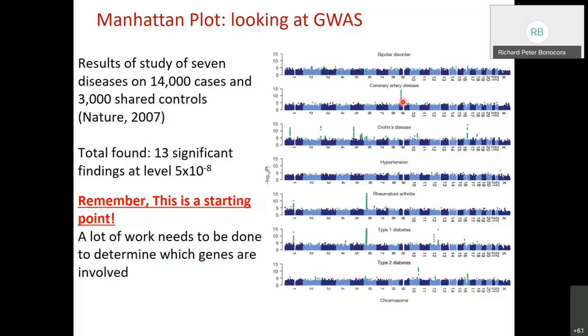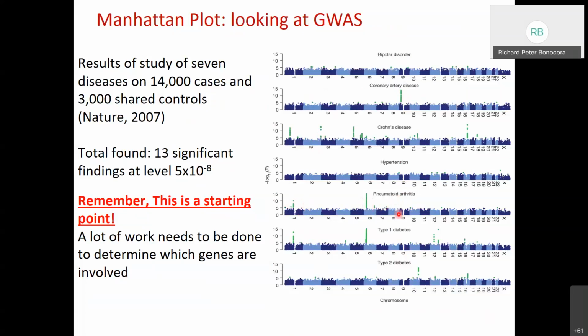Like, maybe we should look at what's going on here on chromosome 9, or we should look at chromosome 5 and chromosome 1, and it looks like chromosome 2 over here for Crohn's disease. For rheumatoid arthritis, there seems to be a couple things. One here that's probably really important on chromosome 6 and something down here.